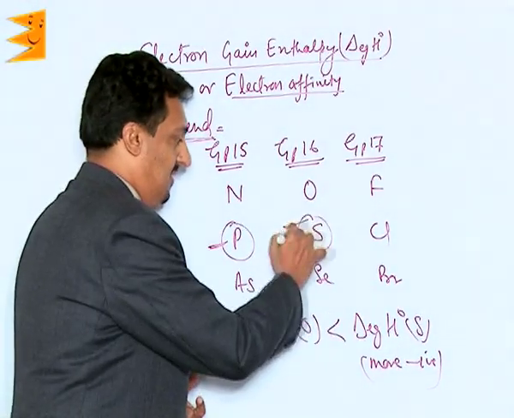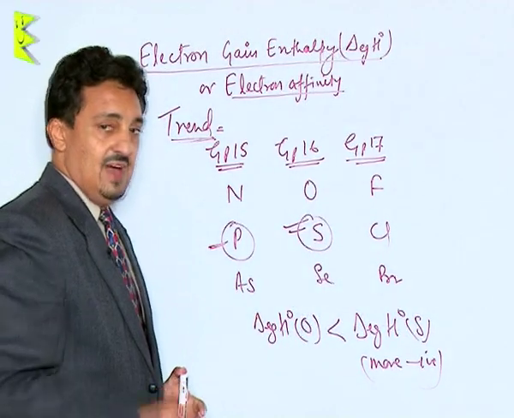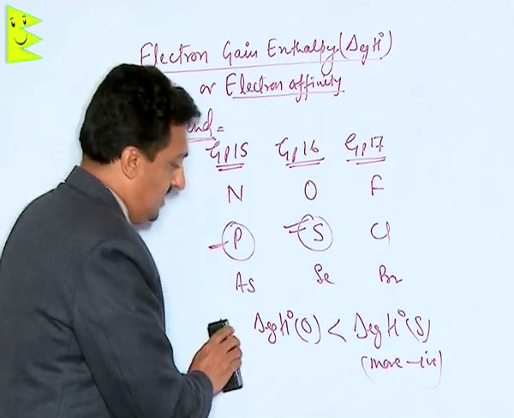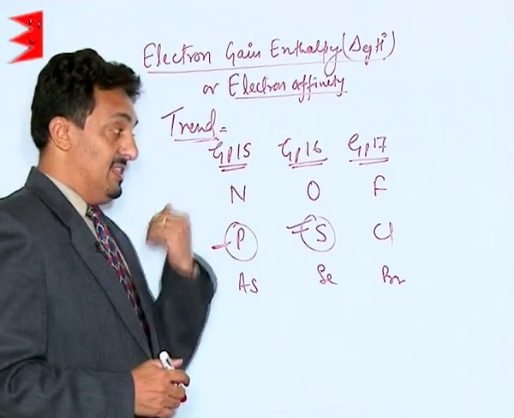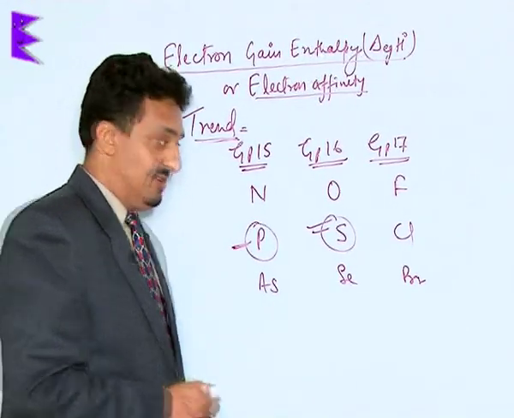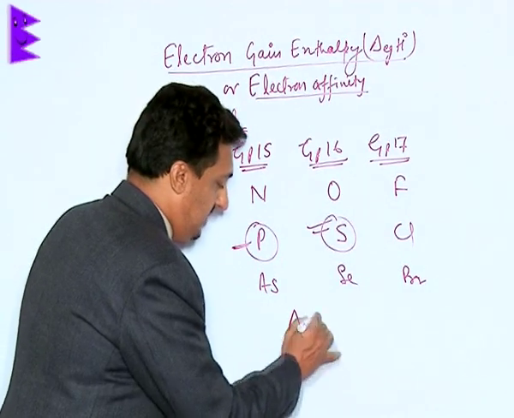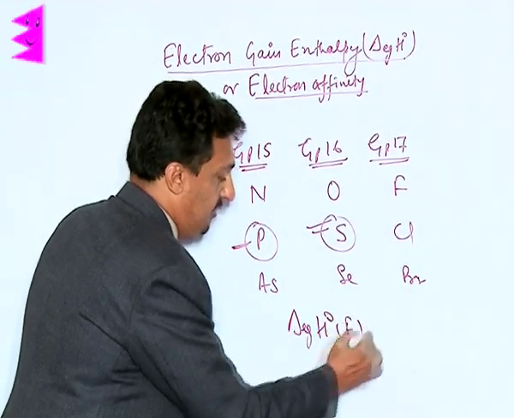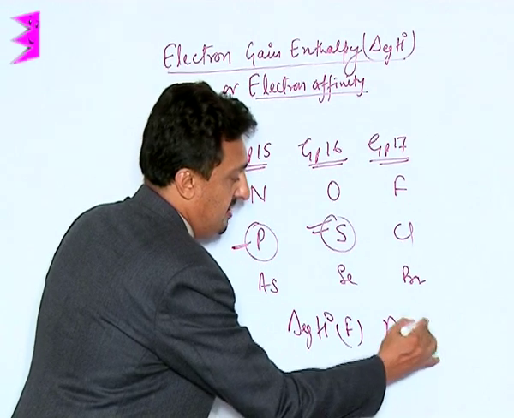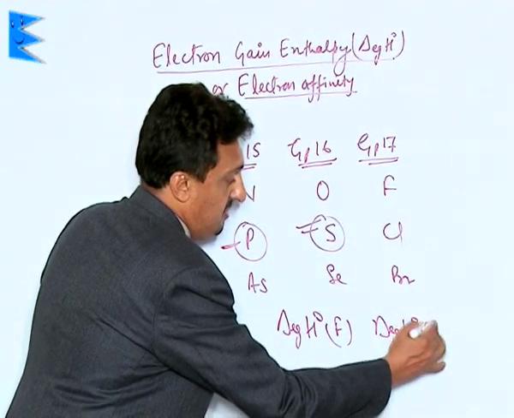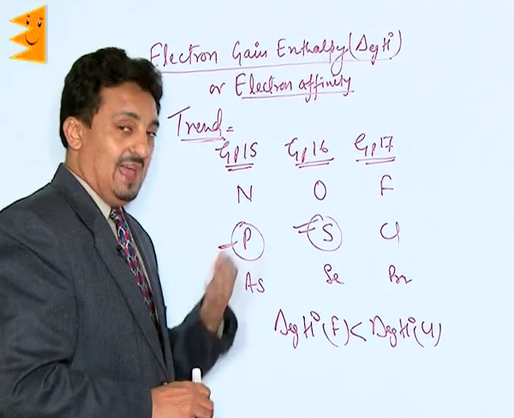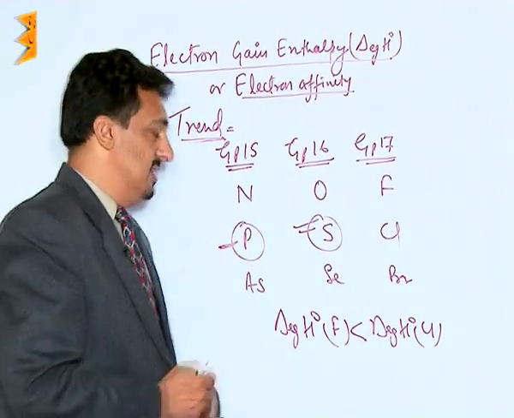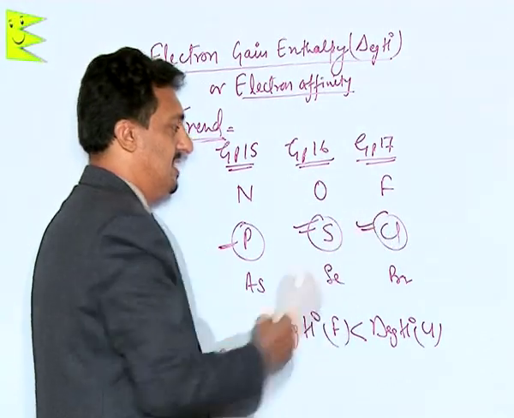Then again, let's move further. Never think that fluorine is going to have the highest electron affinity. When we compare the electron gain enthalpy of fluorine with chlorine, chlorine's value is more negative, the magnitude is higher. So the same trend is repeated here also.